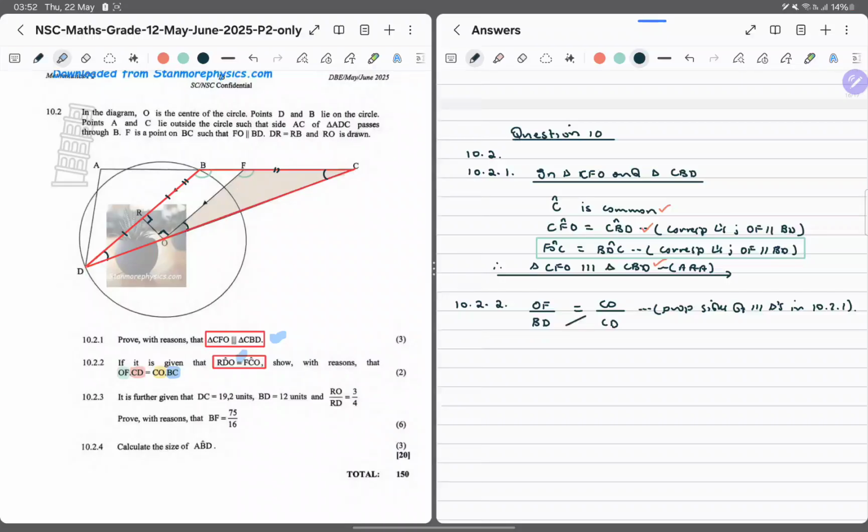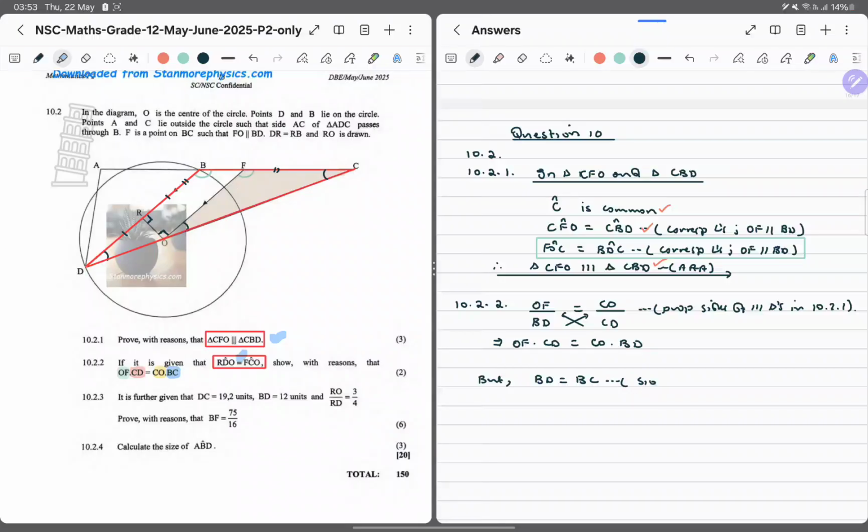So we can cross multiply here easily. So this implies that OF times CD is going to be equal to CO times BD. We've got a story here, but we understand that BD is equal to BC. Why?